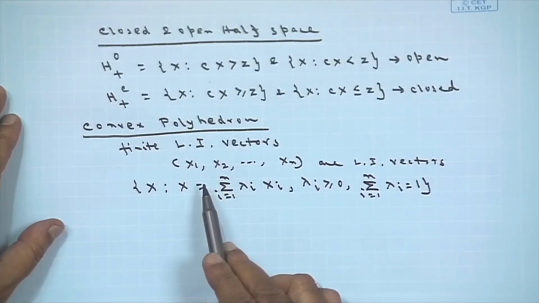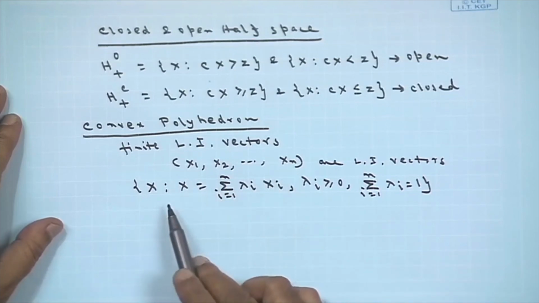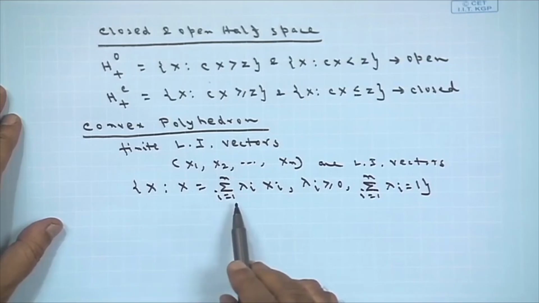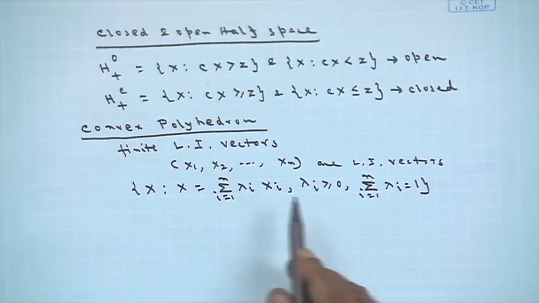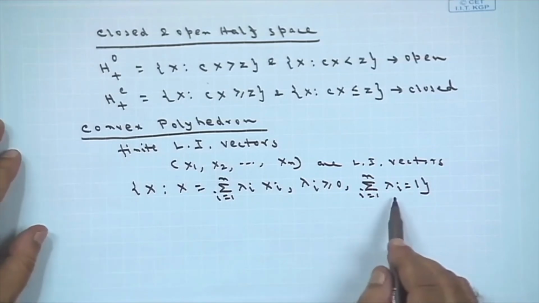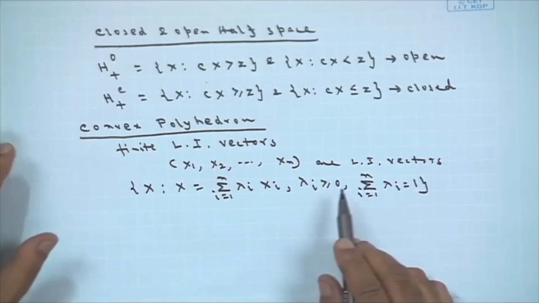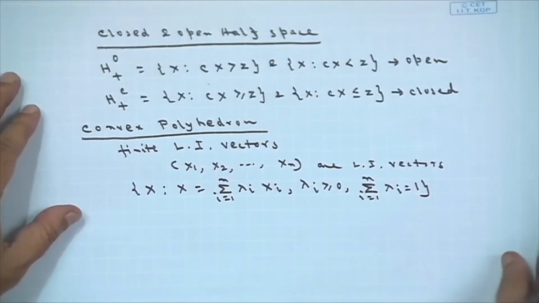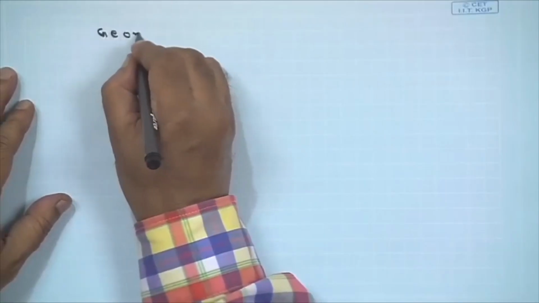So, if you have the linearly independent set of vectors x 1, x 2, x n, and we can find a set x such that x equals summation i equals 1 to n lambda i x i, lambda i greater than or equal to 0 and summation of all these scalars lambda i equals 1, this will form one convex polyhedron. So, now you see the geometry of LPP.